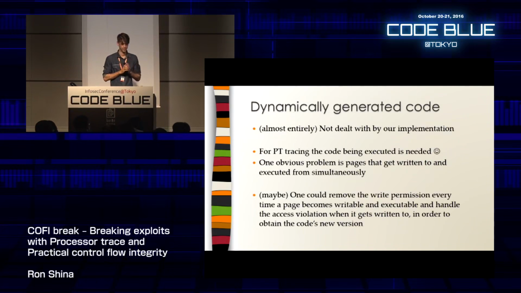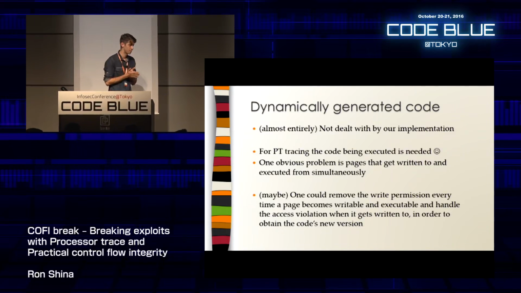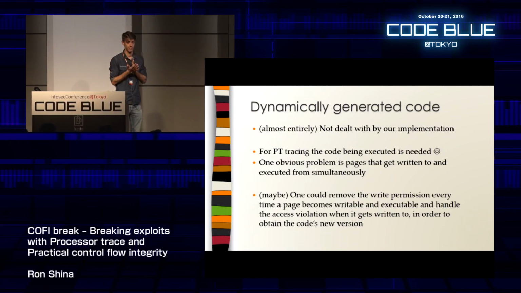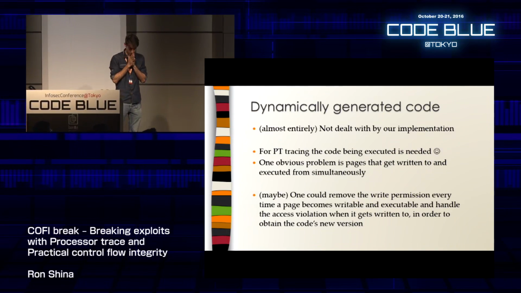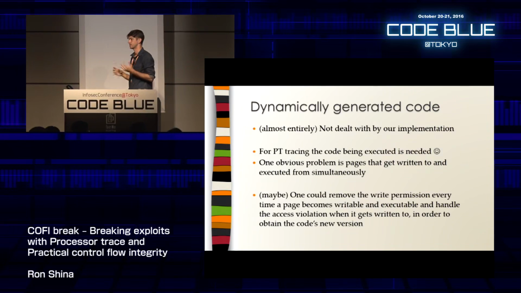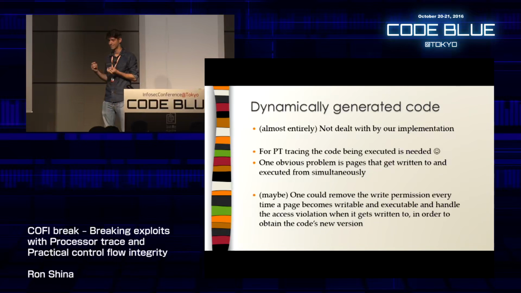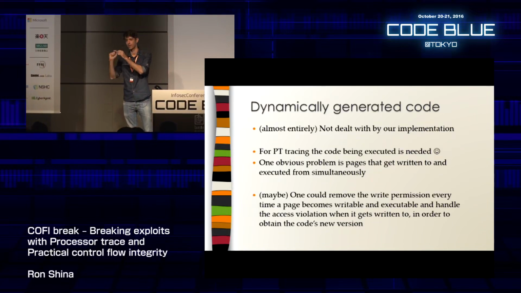How about dynamically generated code? Well, it's almost entirely not dealt with by our implementation, which means JITted code. One of the reasons is that you need the binary at every point. So let's say a page is writable and executable at the same time. In order to trace it, you'd have to know what got written at every point.